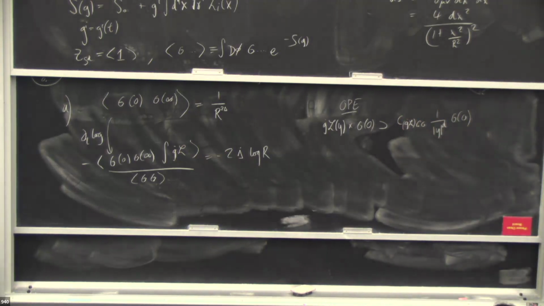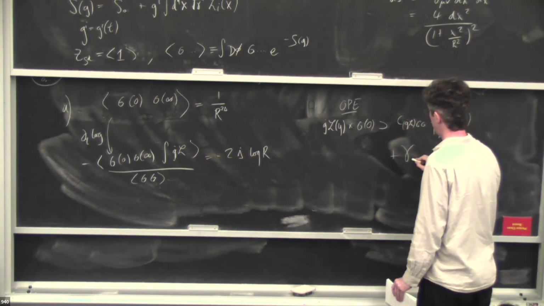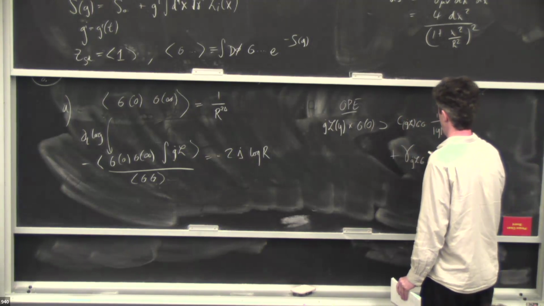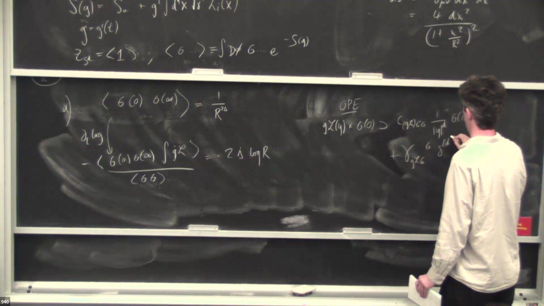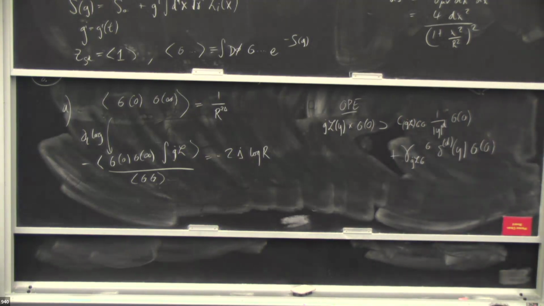But there's also a contact term. Because this is dimension d, you can write down a delta function with the same dimension. I'll denote contact terms by gamma. This is the general form of the terms we care about.